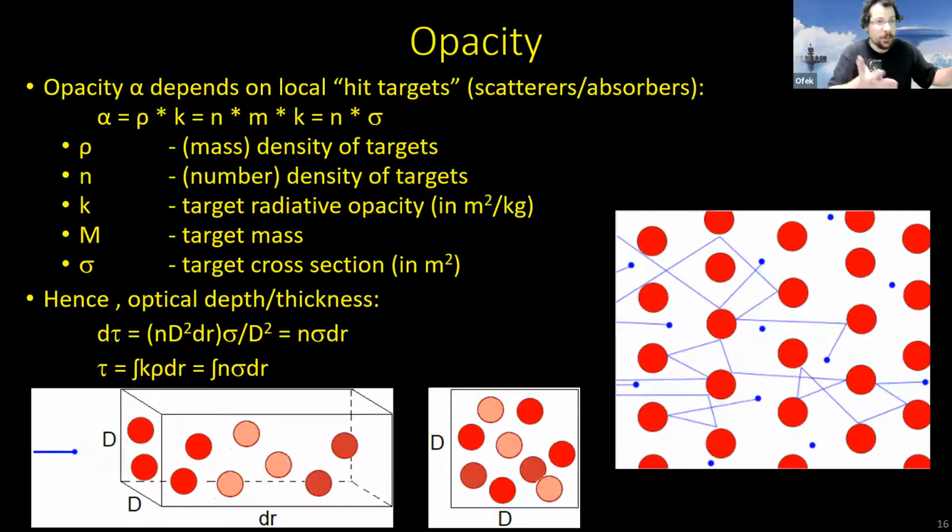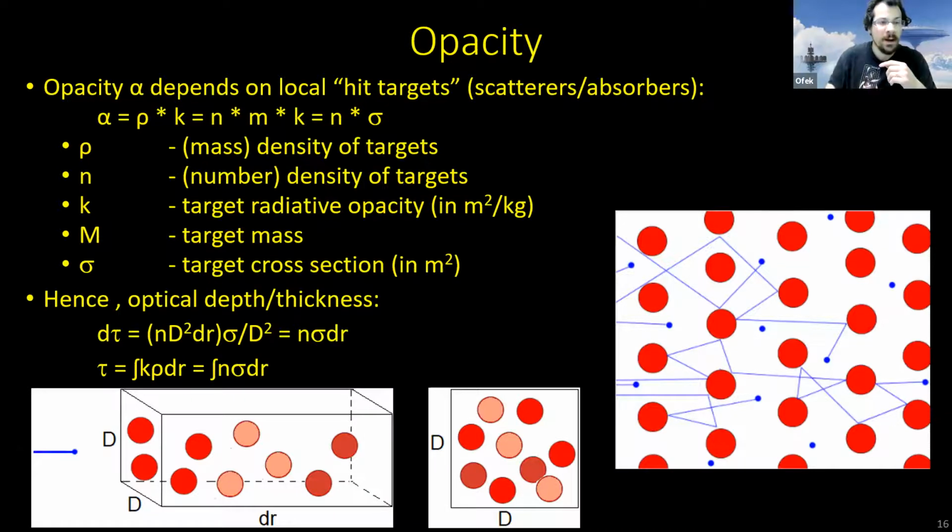If you calculated a cross-section for photons on a particle, then it's exactly the same thing, because we're talking here about cross-section for absorbing or scattering photons. Okay, thank you.